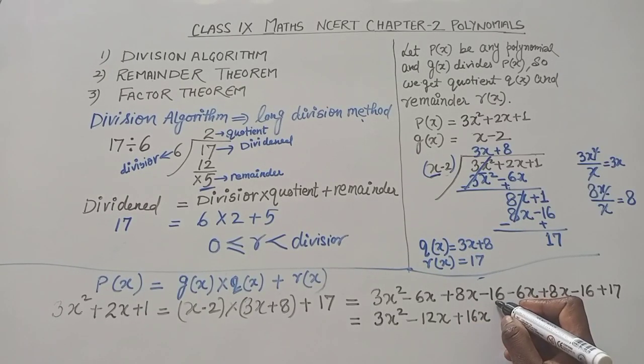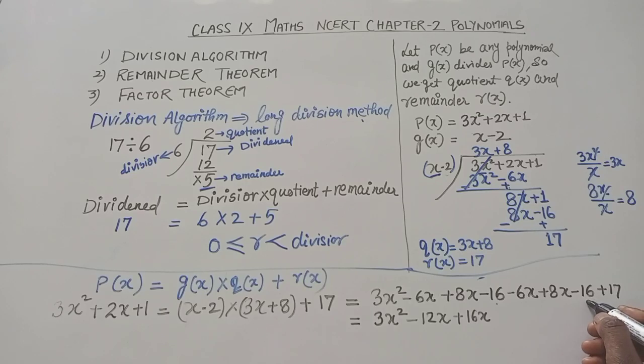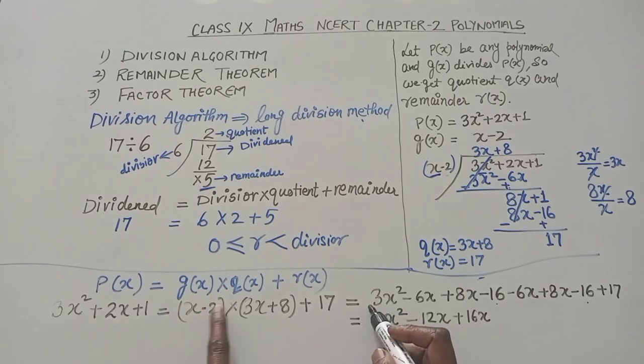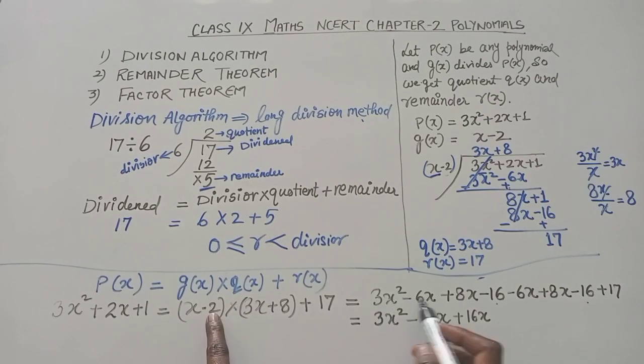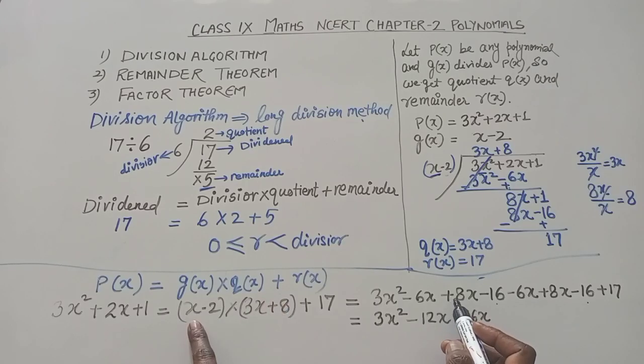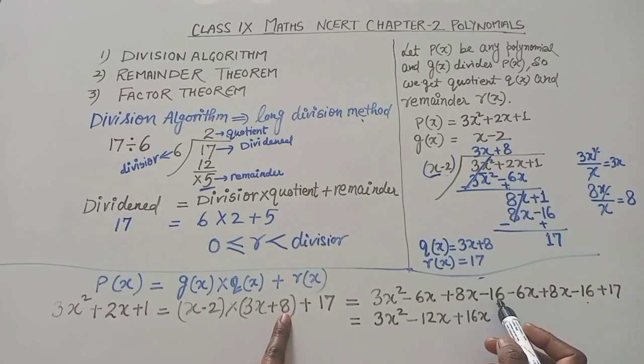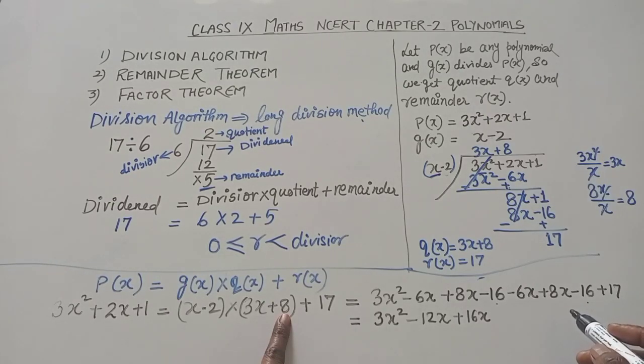Next minus 16. 3x square minus 6x, 8x minus 16.